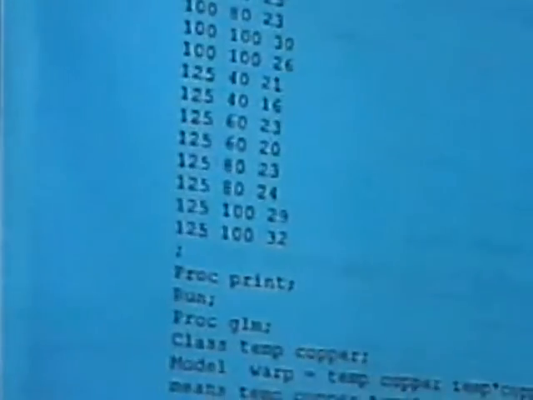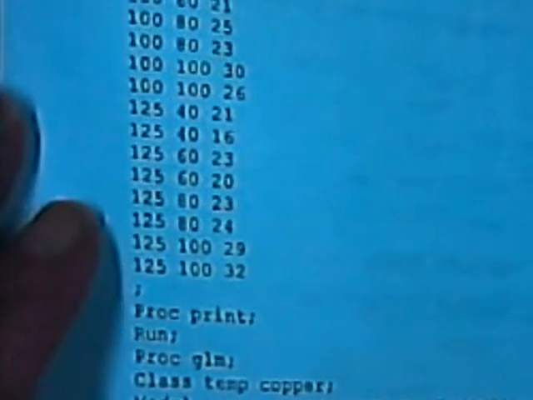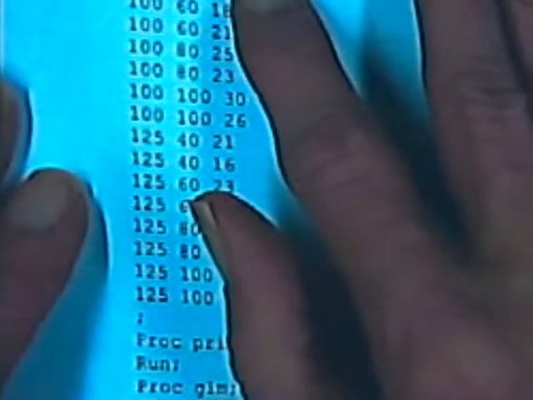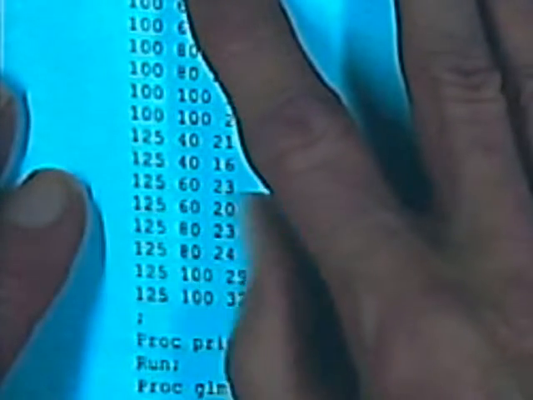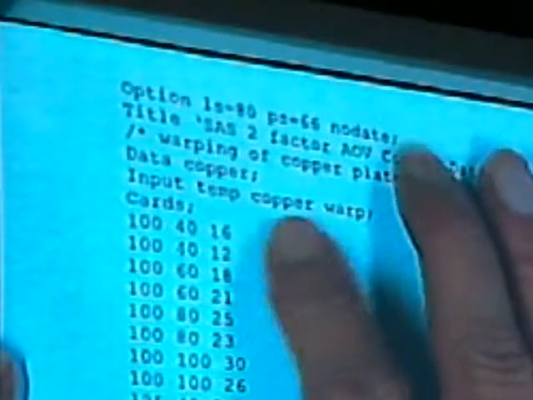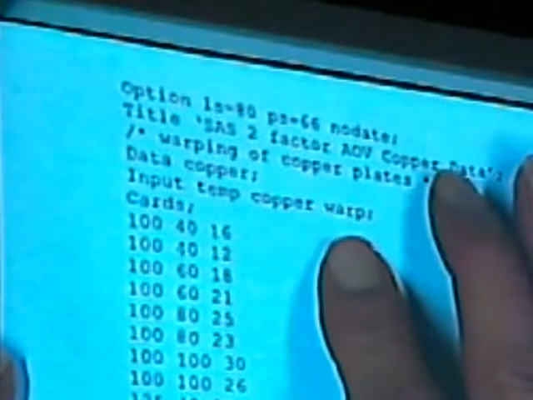So, SAS program number 14, it says. Let's see what it's got in it. So we looked at this copper data before. Here it's coming up again. And we have input variables temperature, copper, and then warp is the response.